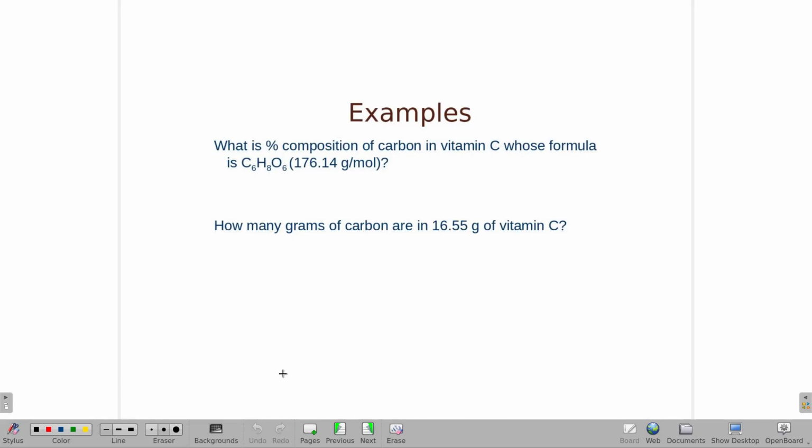Alright, so let's actually do this with something like this. So what's the percent composition of carbon in vitamin C if I give you this formula? And I helped us out. I told us the molecular weight there. So what that means is we really can do something as simple as this.